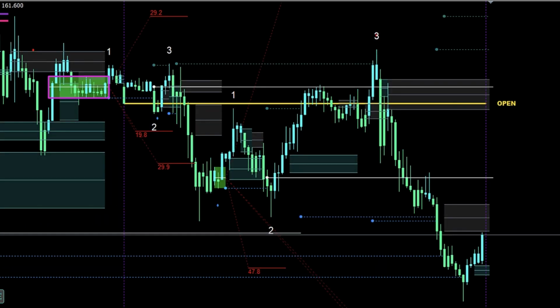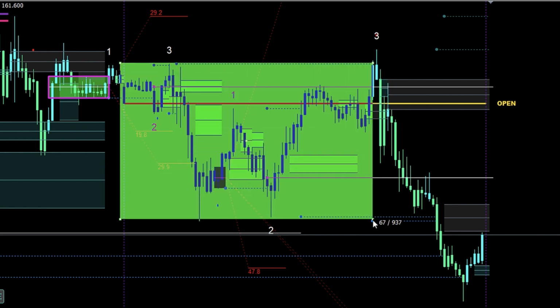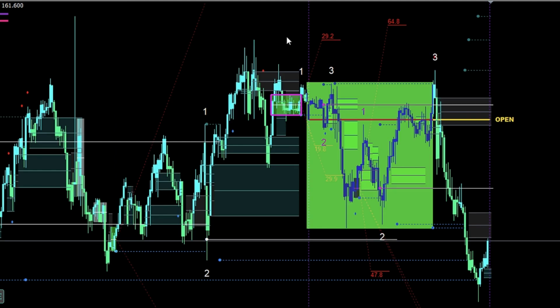Euro yen. Okay, this is a nice trade to show as well. So this is the Euro yen, as you can see here. So this was the box, starting from this level to this level. Okay, so as you can see here, now be above this.